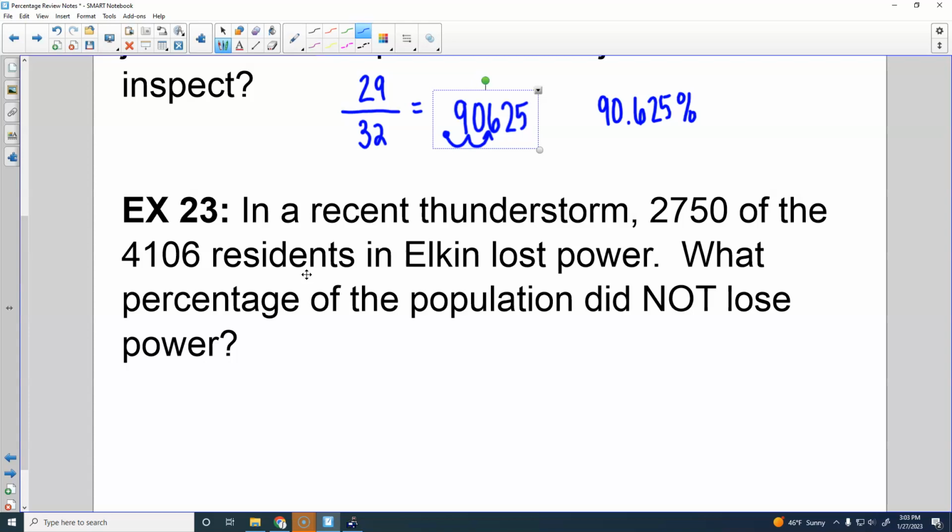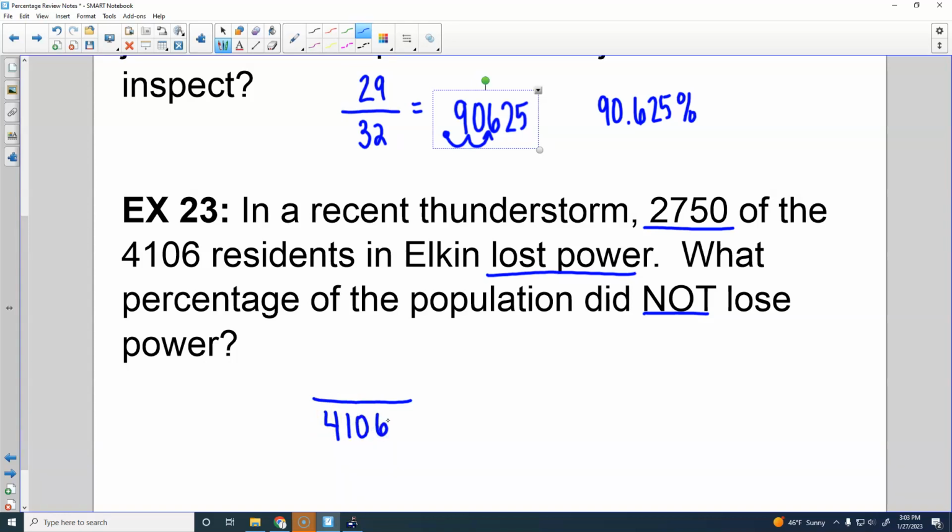Okay, so this one's got a little bit of a twist. What's the twist? Not lose power. But what did it tell you? The ones that did lose power, right? So what have we got to do different here? We're not going to add them. Does it give us the total number of residents? That's the 4,106.